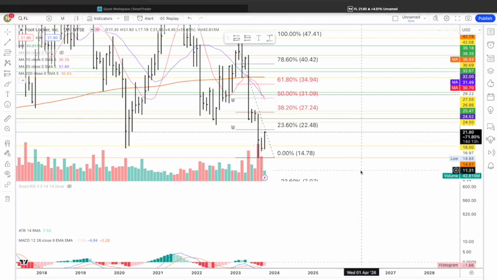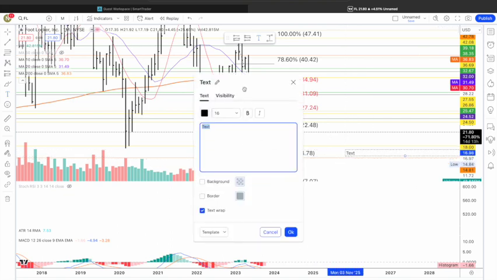Now to show you how that works, first let's write a few things down here. First thing we expect is price to move from the current level to 27 to 35 in the next 8 months.